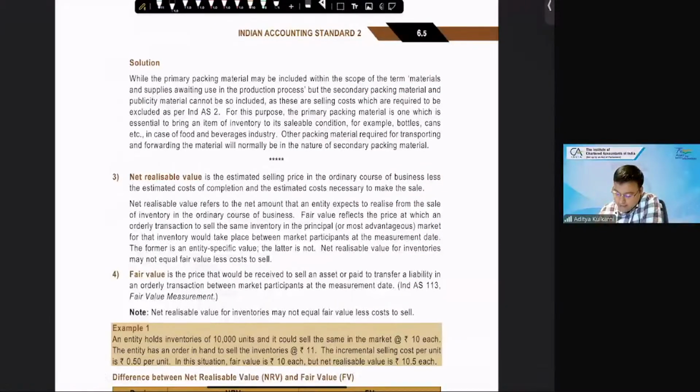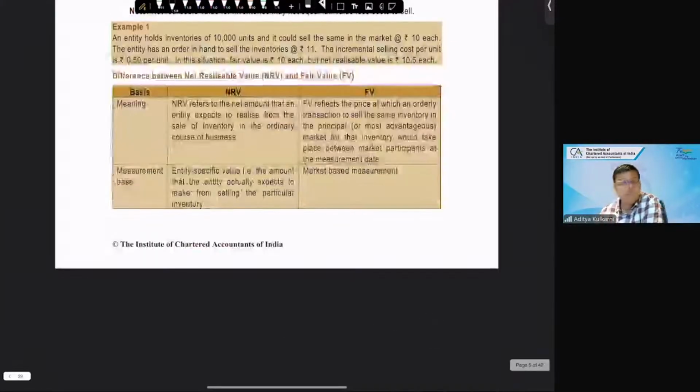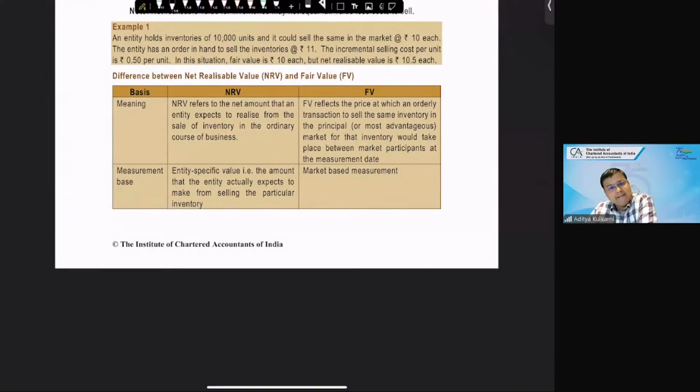Not yet. Okay, fine. When you do fair value, there also you will come across something related to market price. And when you look at NRV, you are looking at something related to selling price. So the immediate conclusion that probably you will end up drawing is NRV is fair value. It's not the case.